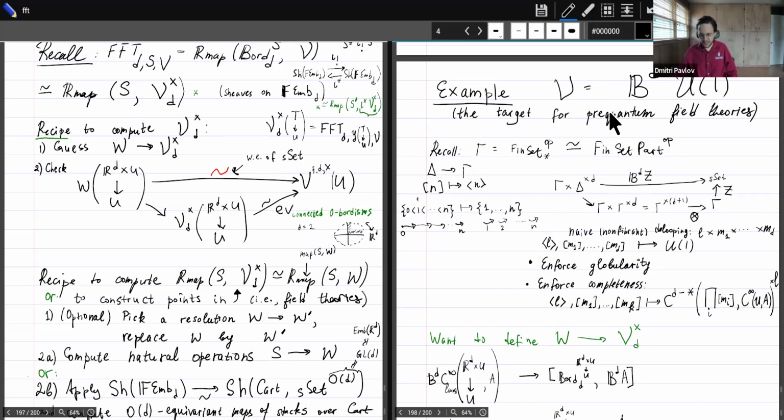This is, of course, precisely the target for pre-quantum field theories, because the action functional, you remember in quantum field theory, you always see expressions like exponent of i over h bar S of some fields, let's say phi. This is an element of U1. And so it's the same U1 as you have here.